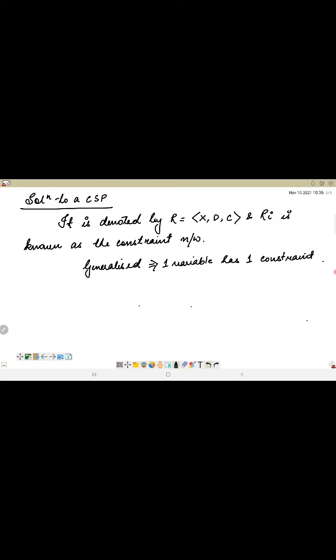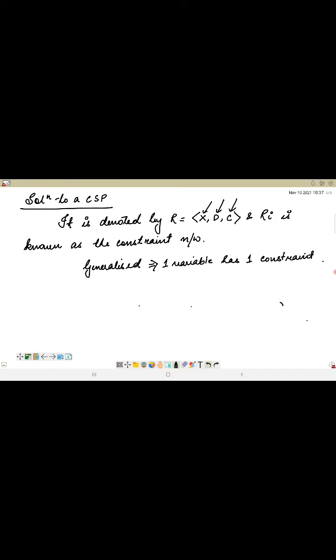So this is all about the theoretical aspect of constraint satisfaction problems, where we have discussed what constraint satisfaction problems are, what a constraint is, what a possible state of the problem can be, as well as the solution to a CSP. X is the set of variables, D is the set of domains, and C is the set of constraints, and the solution is an assignment to each variable from their domain such that each constraint is satisfied.